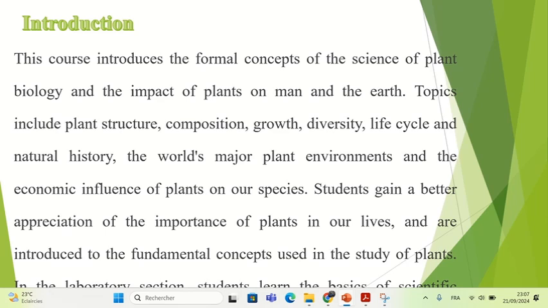Students gain a better appreciation of the importance of plants in our life and are introduced to the fundamental concepts used in the study of plants. In the laboratory section, students learn the basics of science.